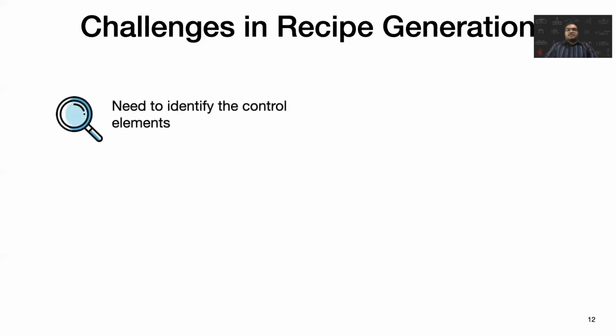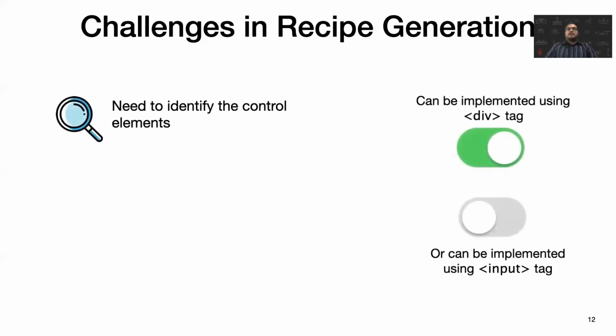Before we look at the recipe generator, let's look at the main challenges in recipe generation. First, we need to be able to identify the control element without relying on the underlying HTML signal, as the same element can be implemented using different HTML code. For example, the slider on top here is implemented using the div tag, while the one at the bottom uses the input tag.